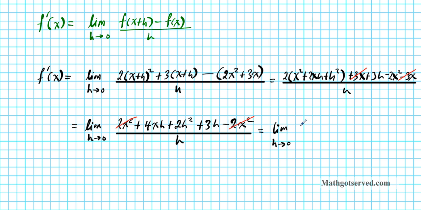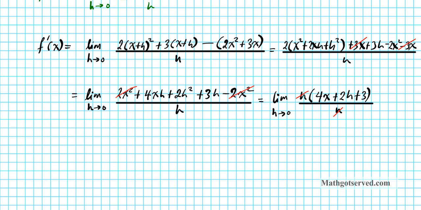So let's go ahead and factor out the h. We'll have h factored out, 4x plus 2h plus 3, that divided by h. Okay, and then you have some cancellation happening here. You can divide the top and the denominator by h, and then you have the limit as h approaches 0 of 4x plus 2h plus 3.